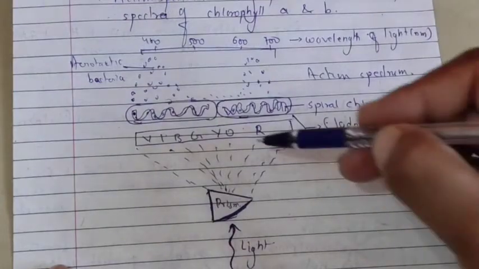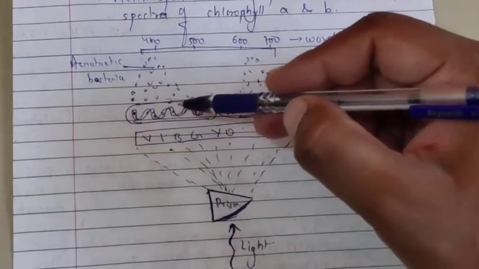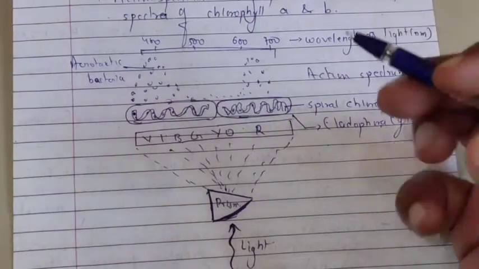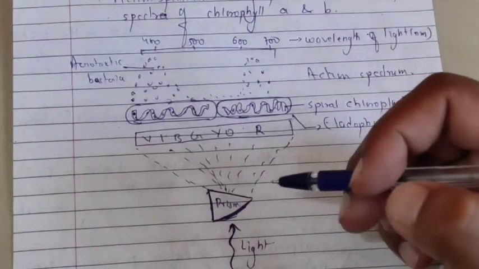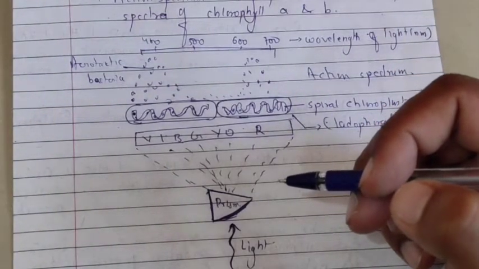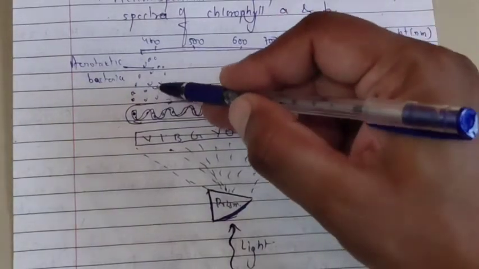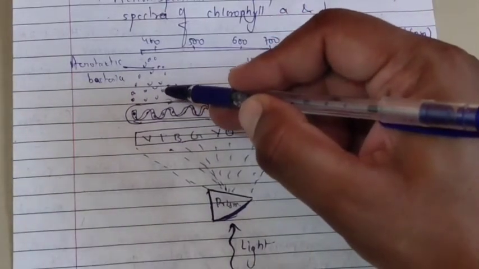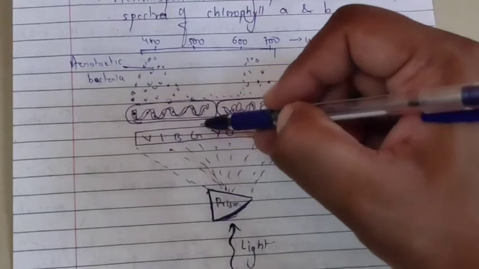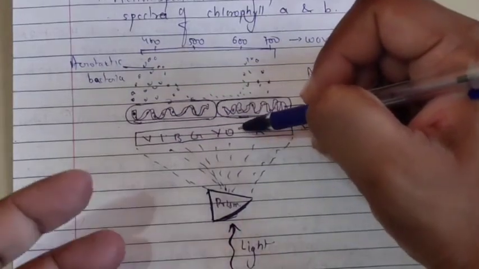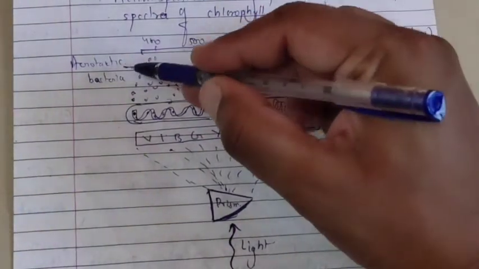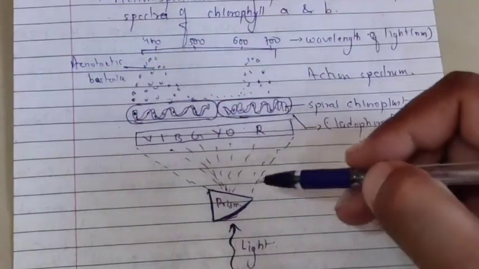Why is it releasing oxygen? We know that this green alga receives light in order to synthesize its food, and as a byproduct it releases oxygen. So, in order to see in which wavelength of light there is a high rate of photosynthesis, he used some aerotactic bacteria.